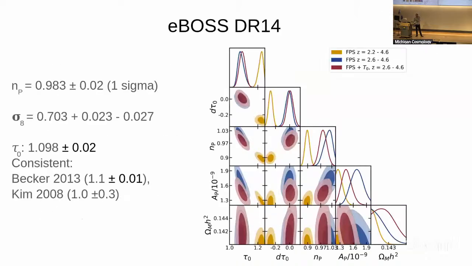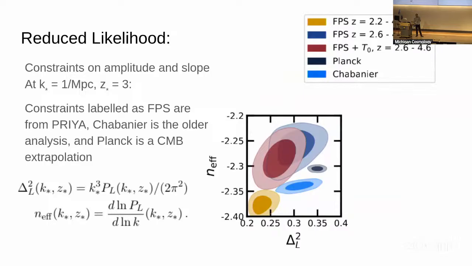Okay, so this makes me happy, okay? I want to show this plot. This plot is the reduced likelihood, the amplitude of the structure at k of 1 and the slope. This is my preferred measurement, this red blob here. This is what the last measurement looked like, and this is what Planck looks like, right?